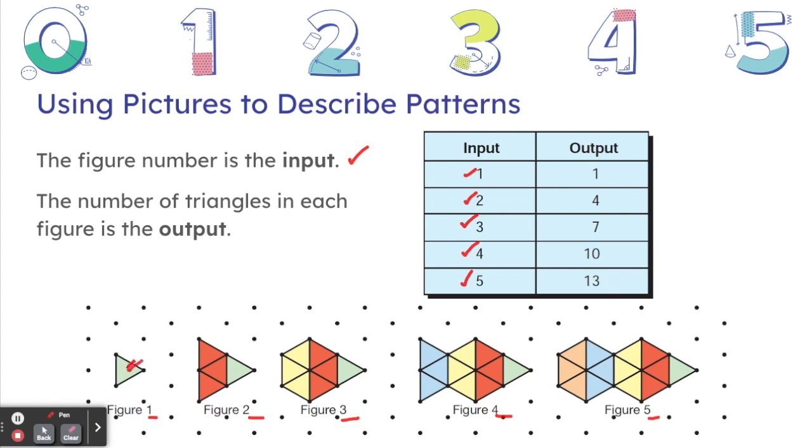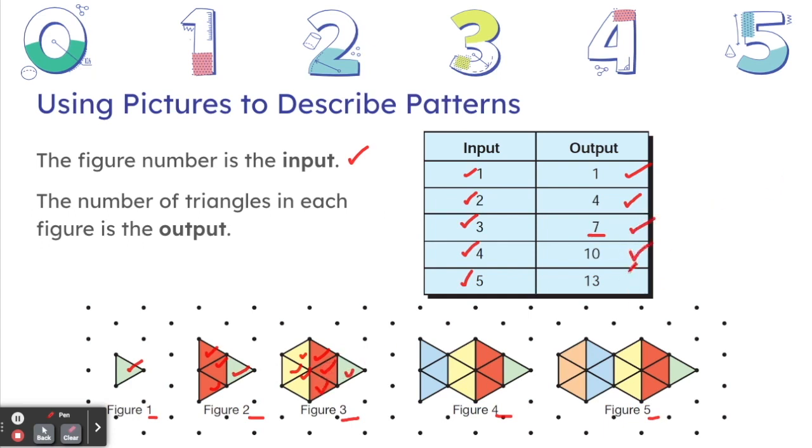So in figure 1, we have 1 triangle. That matches our output column. In figure 2, we have 1, 2, 3, 4 triangles, and that matches our output for figure 2. Figure 3, looking at the input-output table, should have 7 triangles, and if we count them here, 1, 2, 3, 4, 5, 6, 7, we see that that relationship holds true there.